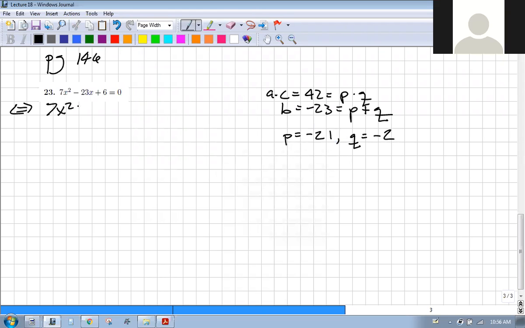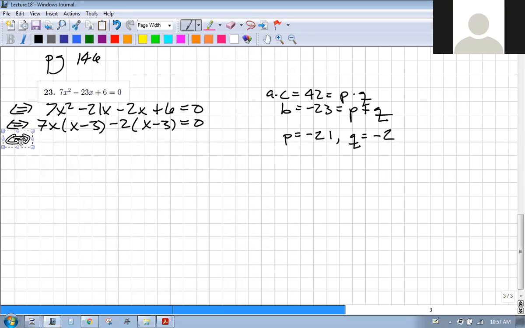So we have 7x squared minus 21x minus 2x plus 6. Factor out a 7x, that gives us x minus 3. Factor out a negative 2, get another x minus 3.